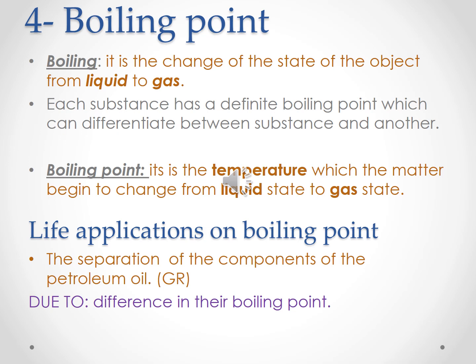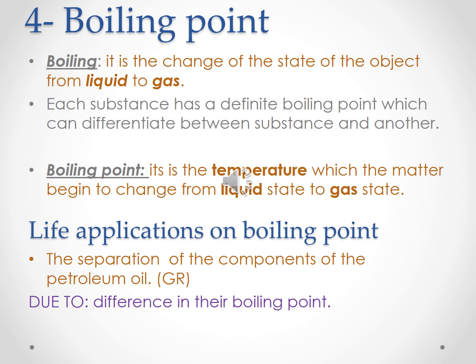Boiling is a process by which matter is changed from liquid state to gas state by heating. For example, if I have a cooking pot filled with water and I put it on the cooker and set up the fire and let the water boil.